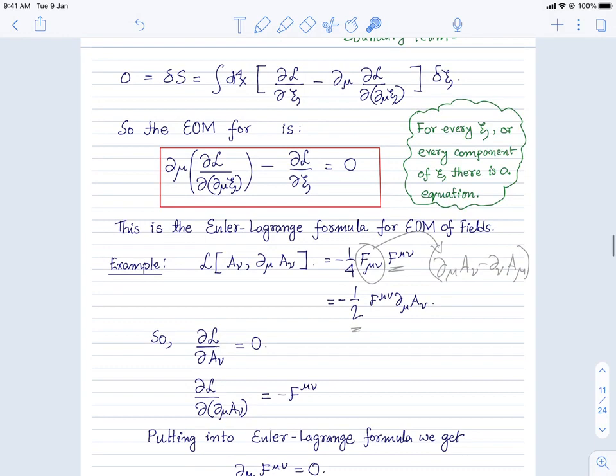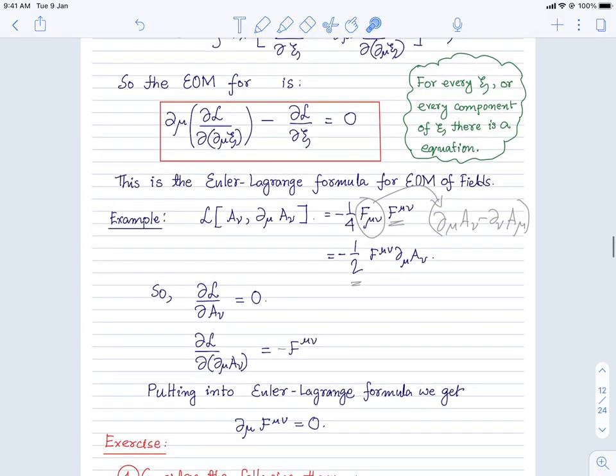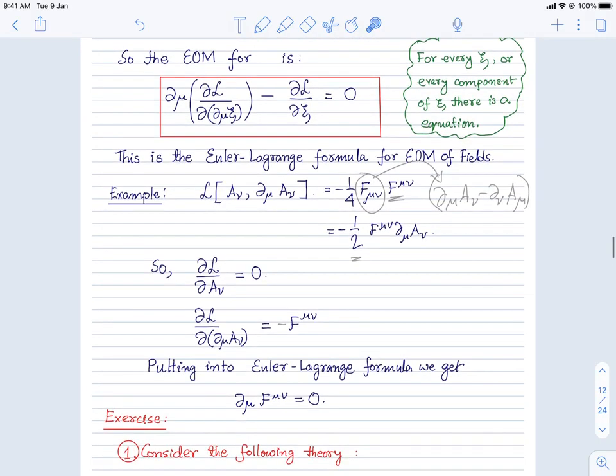Before I have some exercises for you, let me point out one fact. You can wonder that if we have this Lagrangian density, you might want to write down a term like the one that we did for the scalar field, some m tilde squared A mu A mu.